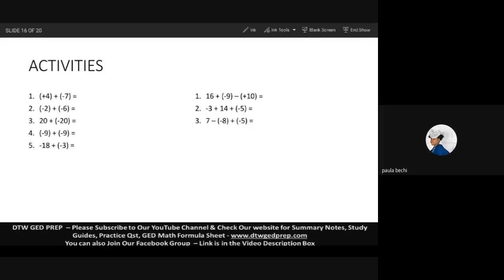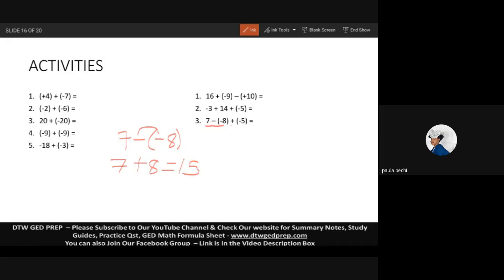The third one, we have 7 minus negative 8. We can simplify this first before adding negative 5. Subtracting a negative, we already established, is positive 8. Adding 7 plus 8 gives you 15.